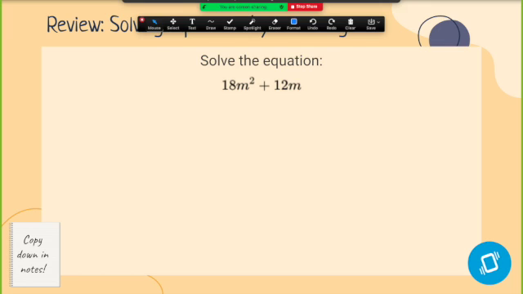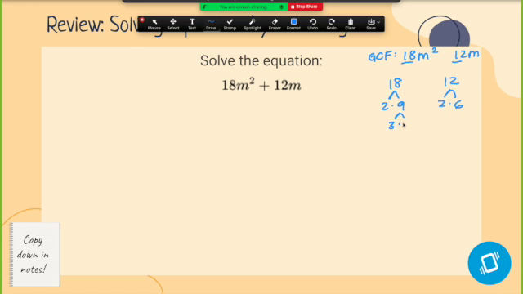Okay, so right here, we're trying to find the greatest common factor of 18m to the power 2 and 12m. I'm going to take the greatest common factor by taking out the 18 first. Here we would have 2 times 9. Over here is 2 times 6.